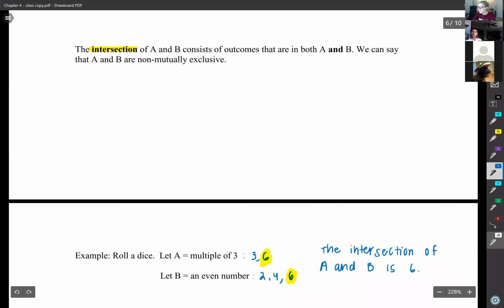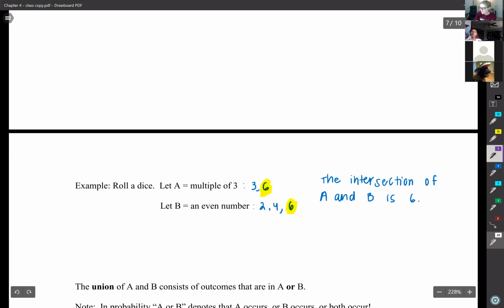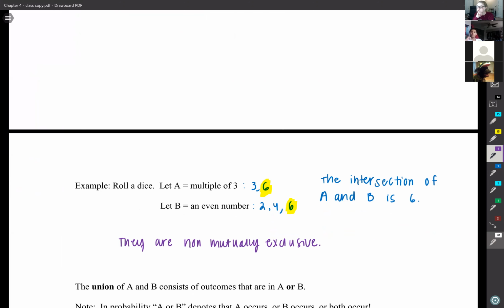Because up here we define the intersection as outcomes that are in both A and B. So for A and B, the outcome of rolling a 6 is in both of them. And that would mean that we refer to these events as non-mutually exclusive, because they can happen at the same time. So we would say they're not mutually exclusive or non-mutually exclusive.